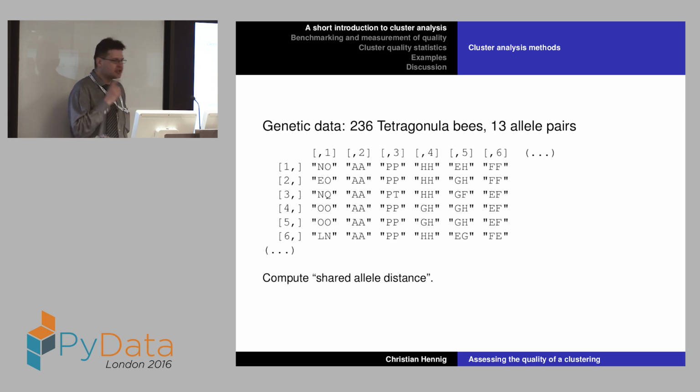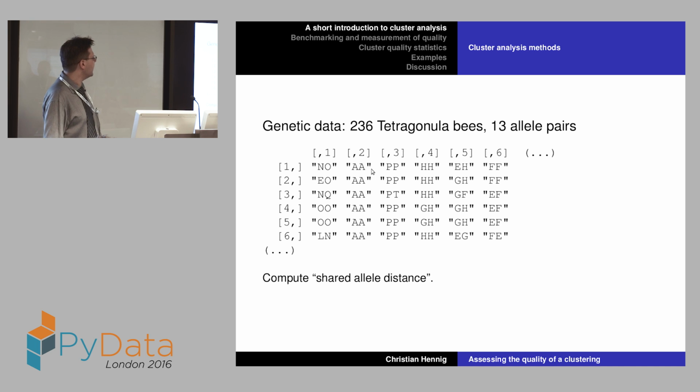Now, what is actually underlying the data is some genetic information that looks like this. We basically have 236 tetragonal bees here, and they are characterized by 13 pairs of alleles. These pairs of alleles are characterized by some genotypes that have more or less arbitrary names. So that is actually behind the data set you saw before.